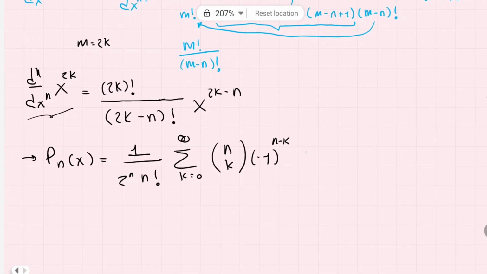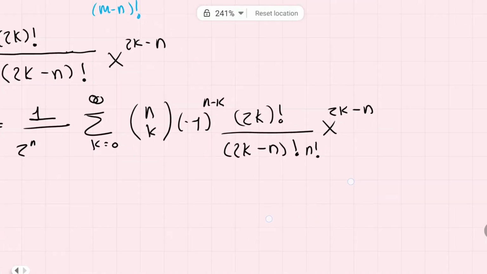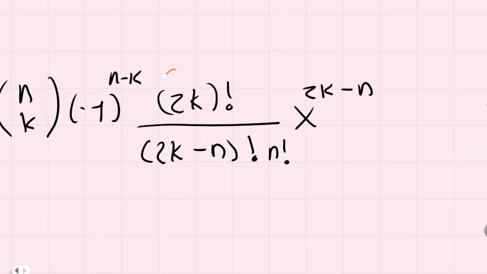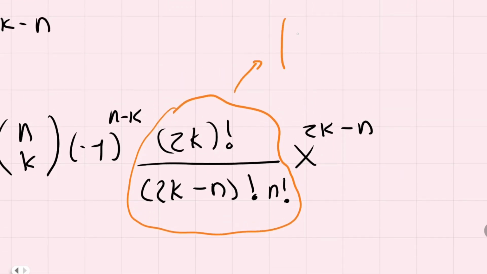That will be 2k factorial over 2k minus n factorial times x to the 2k minus n. And look, we have an n factorial over here, and we can take it into this expression inside the sum. Okay, if we do that, we are going to get n factorial over here. We take it out from here, and let's examine this term. It's very easy to notice that this term is equal to 2k choose n.